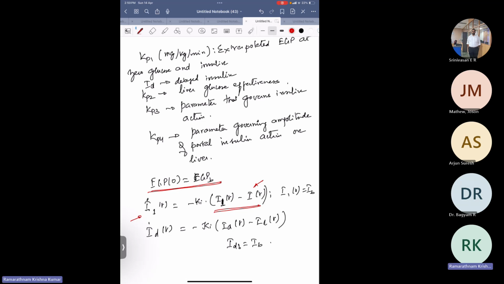So that is I1 minus I, which gives the extra boost, multiplied by Ki. So in other words, what is I? This is the plasma insulin.